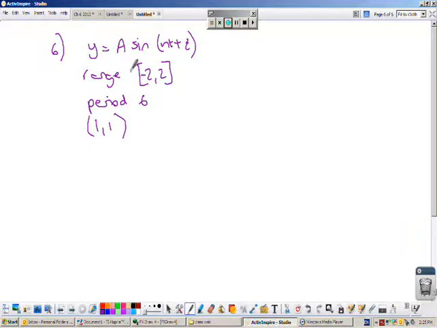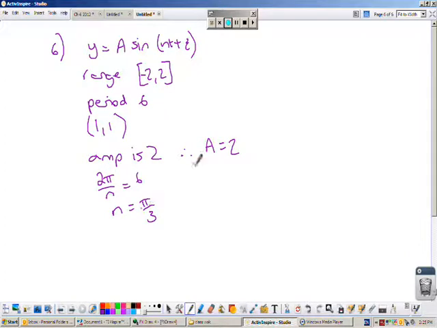So let's start with the range. The range tells us that the centre line is the x-axis, therefore the amplitude of 2 gives us a equals 2. Now the period is 6, so 2 pi on n equals 6. Rearranging that, we get n equals pi on 3.